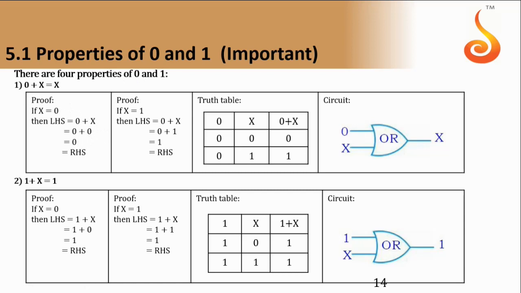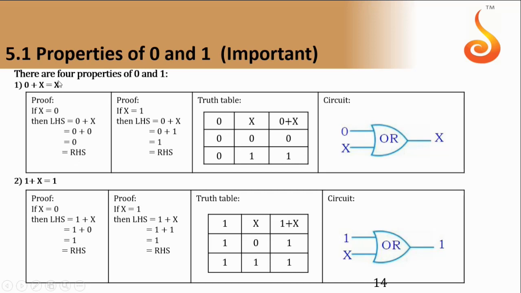According to the truth table, OR gives you false only when both the inputs are false. Otherwise, if at least one of them is true, you get a true value in case of OR. So here 0 plus 0 in OR, both are false, so you get the result false. It is equal to 0, which is equal to RHS.